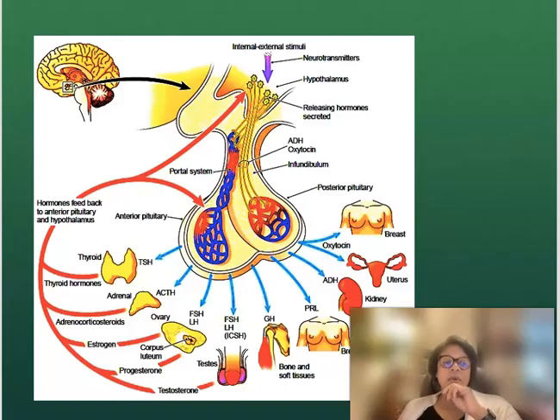You can also see the portal pathway between the hypothalamus and the anterior and posterior pituitary, and there are just different things that can be signaled, as you can see here, the different hormones that act on the different organs and so forth. This is just a picture to give you an overview.